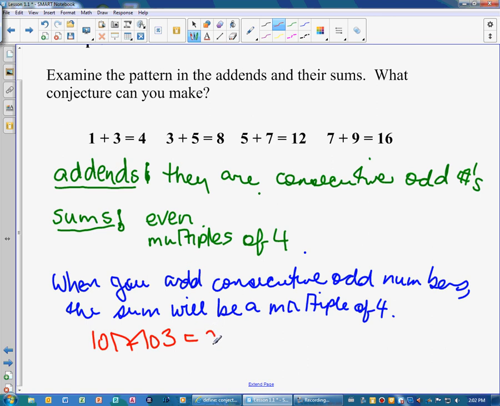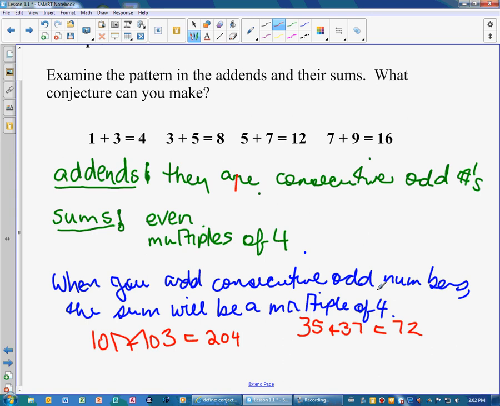They add to 204, which is divisible by 4. So that one works. What if I added, let's say, 35 and 37, consecutive odd numbers? They add to 72, which is also divisible by 4. So I came up with two examples that support my conjecture.